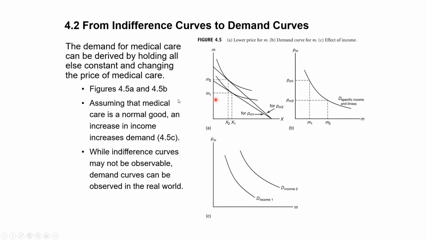When the price increases, there will be less demand for medical services. If the price decreases, there will be more demand for medical services. And when you have increased income, you have increased demand for services. If you have decreased income, conversely, you will also have decreased demand for services. So that's how you take a look at the effect of prices on demand for medical services and also the effect of income on the demand for services.